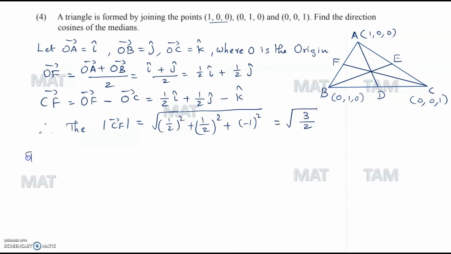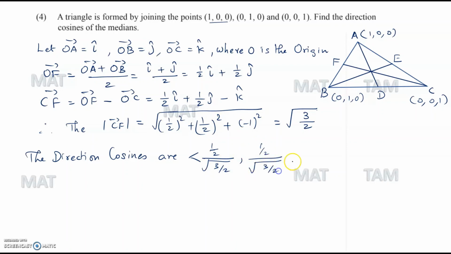Then the direction cosines are 1 by 2 over root 3 by 2, 1 by 2 over root 3 by 2, minus 1 over root 3 by 2.